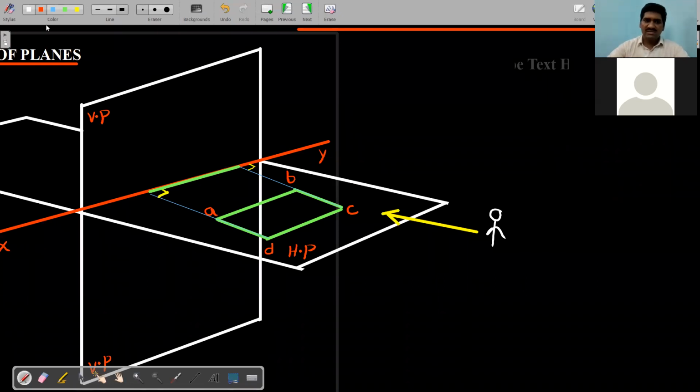Simply we can take it as D dash. Next one is C dash. What is invisible? A dash is invisible. At the same time, B dash is also hidden. Therefore, finally, this one is the front view. That is over.